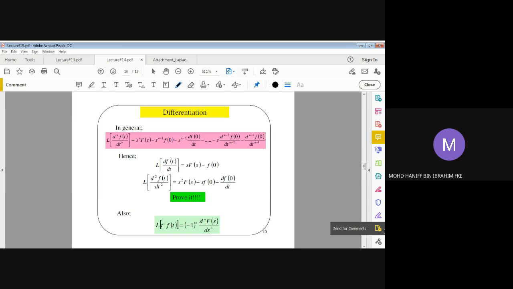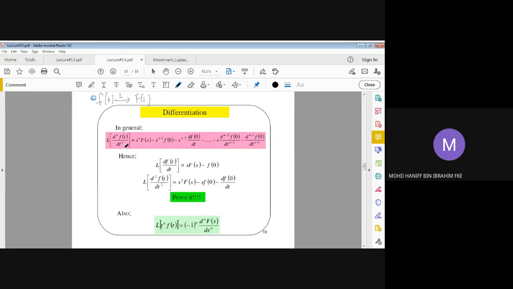So this should be the properties of differentiation. You can refer to the table on these properties. In general, if we have f(t) in the time domain, the Laplace of it should be F(s).